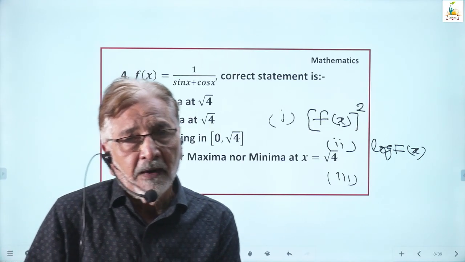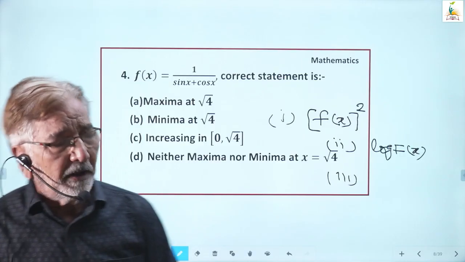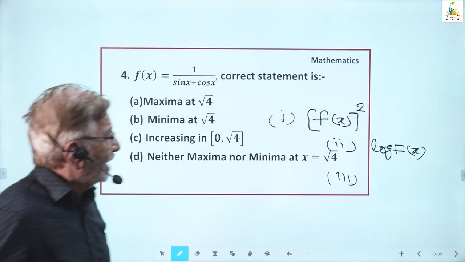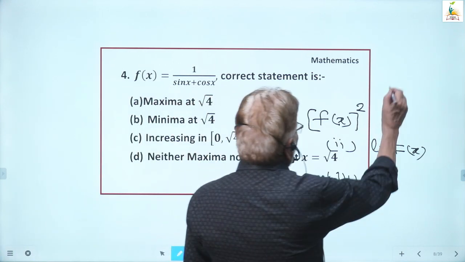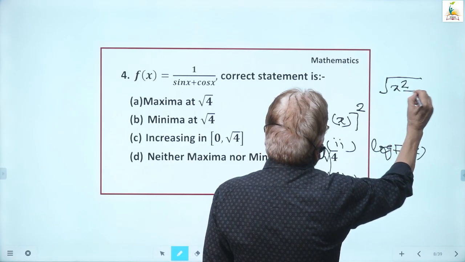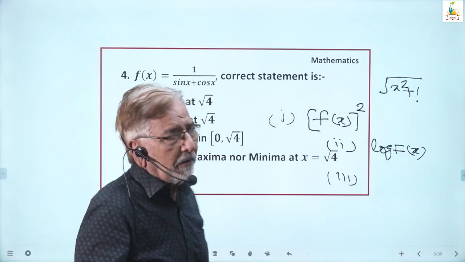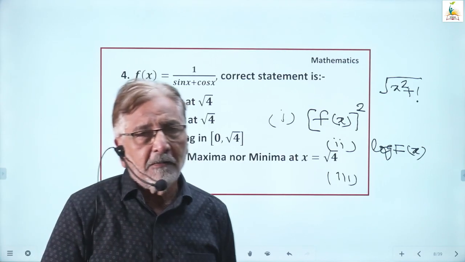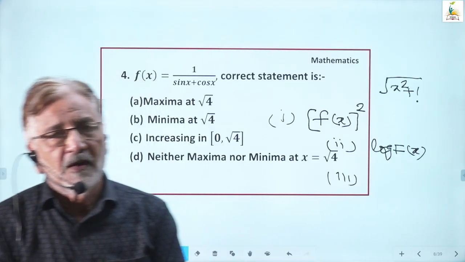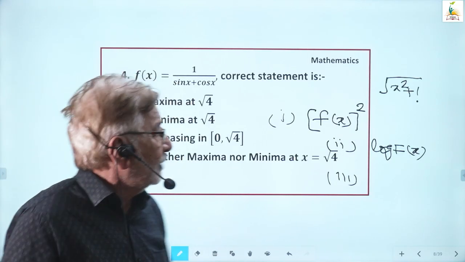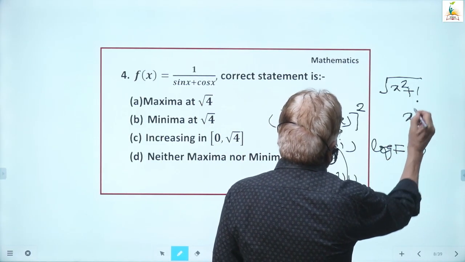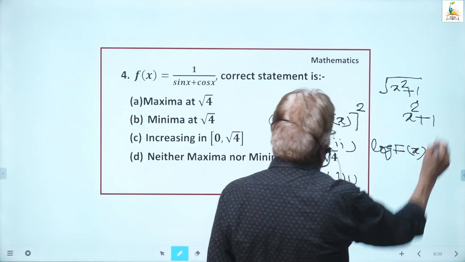You have to keep three things in your mind for just simplification of the question. First, wherever f(x) is maximum or minimum, f(x) whole square shall also be maximum or minimum. For example, if you want to check the maxima minima of under root of x square plus 1, in spite of that, you find the maxima minima of its square, x square plus 1.